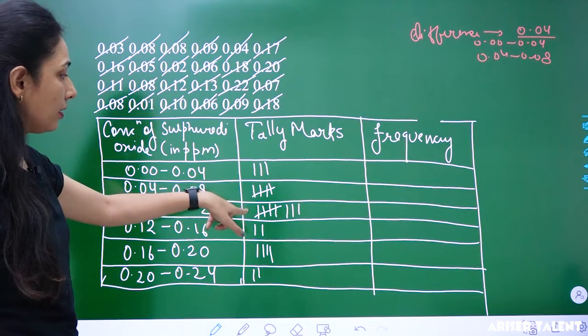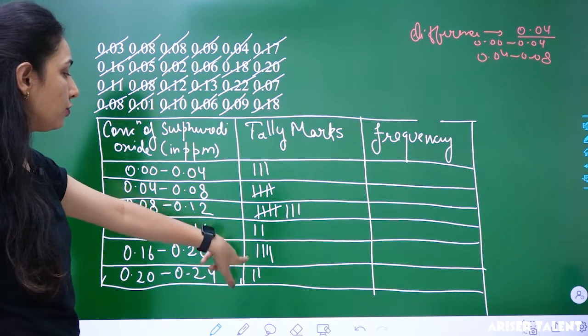So the frequencies are 3, 5, 5, 3, 8, 2, 4, 2.